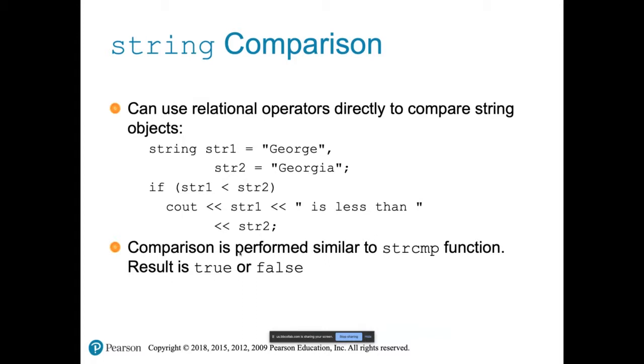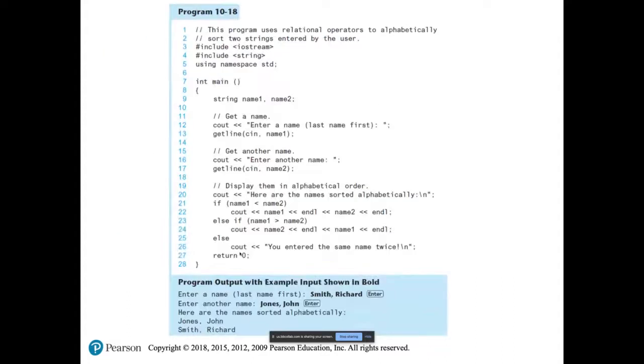If the second one is higher than the first one, it's going to give back negative. And if they're the same, the result is 0. Enter the last name, you read it in, enter in another name, displaying. They're just comparing it. Nothing's changed.